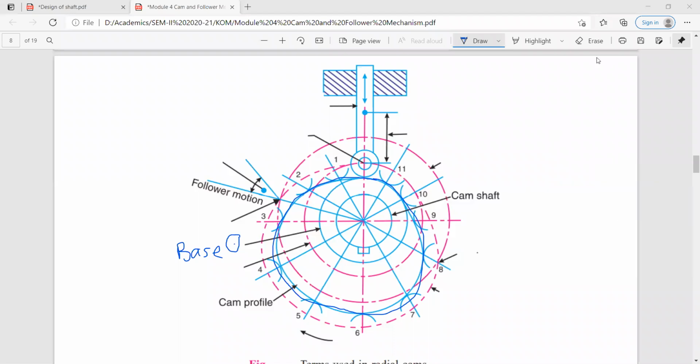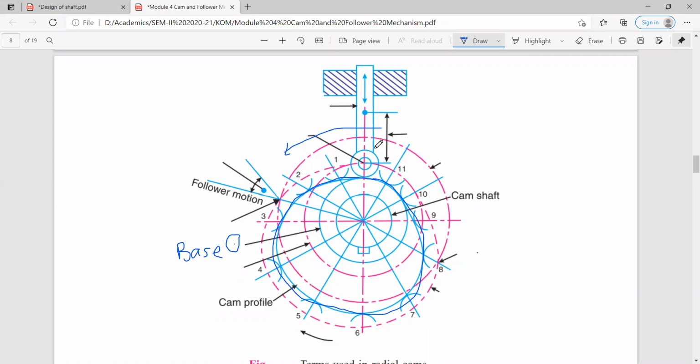Yes, sir. Okay. So this one is the base circle. What is the trace point? The trace point will generate a curve similar to the cam profile when the follower is rotated along the cam surface and the cam is kept stationary.